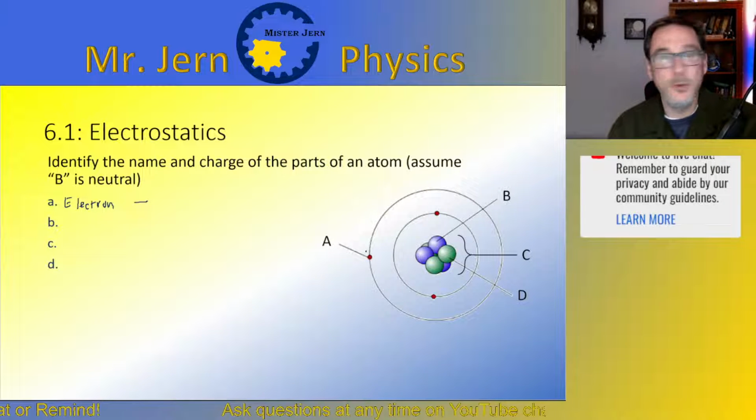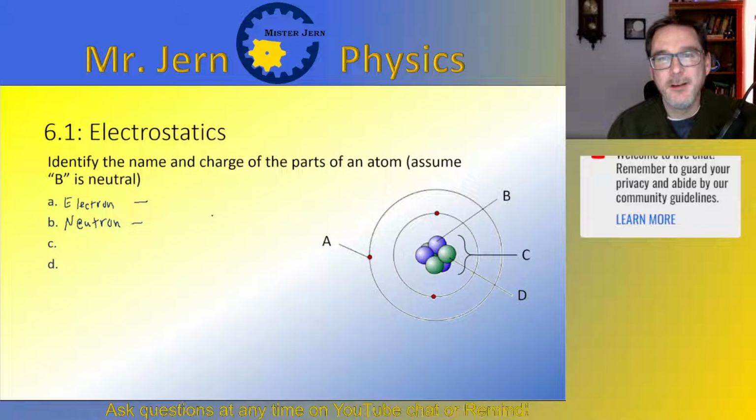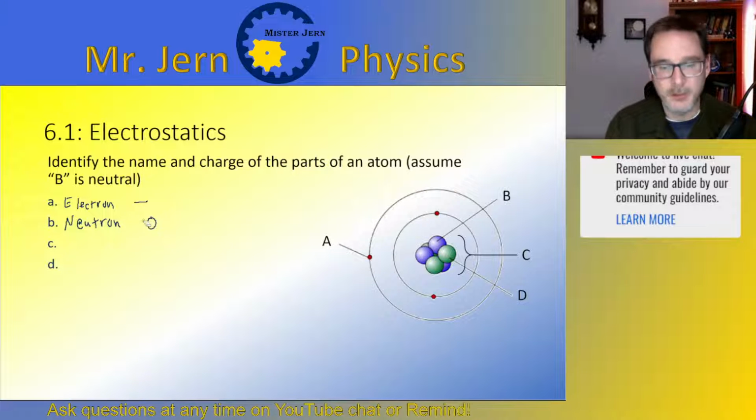It is the neutral thing. It says it's neutral, so we're going to go with that. Hopefully you know that's the neutron. Let's see if I can spell this right. Neutron. I only get one shot at this. And that is going to be not negative. There we go.